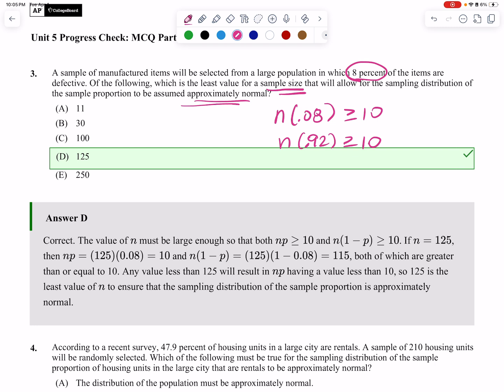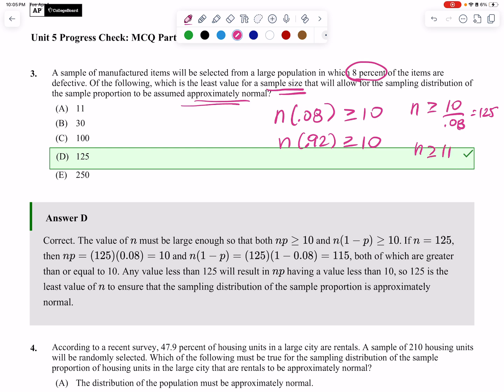So if I just do a little bit of math, I see that N is greater than or equal to 10 divided by 0.08, and that's 125. And 10 divided by 0.92 is about 11.